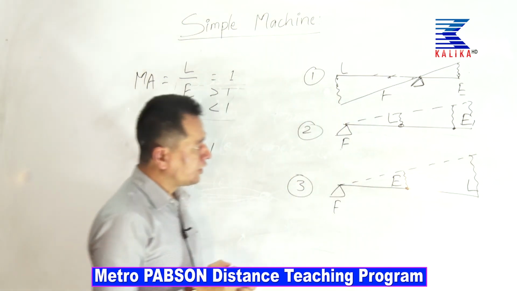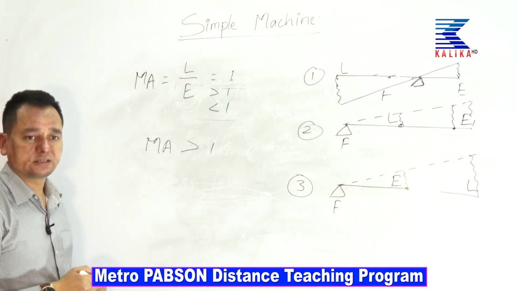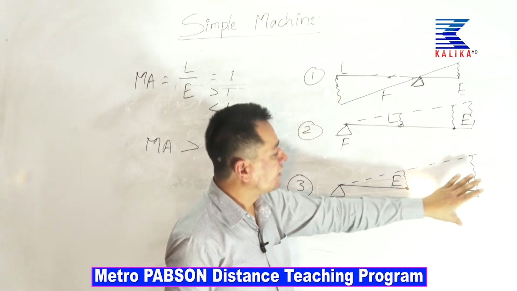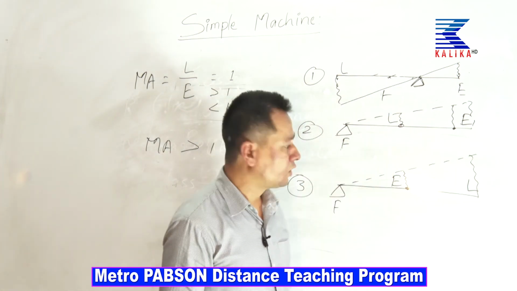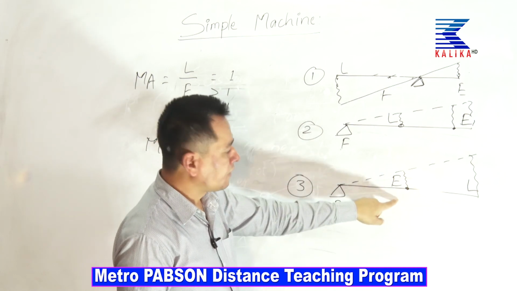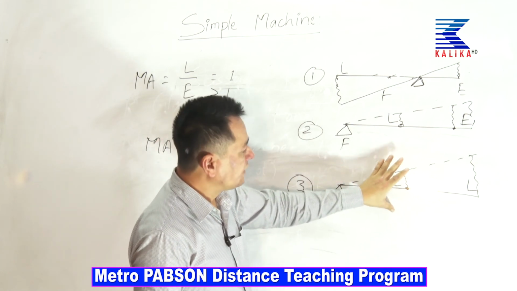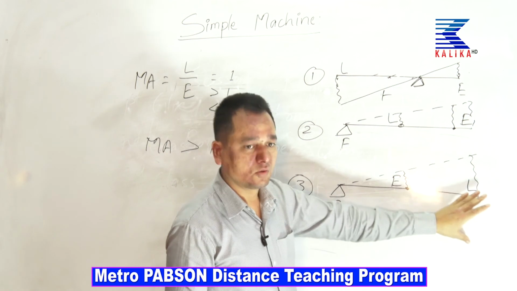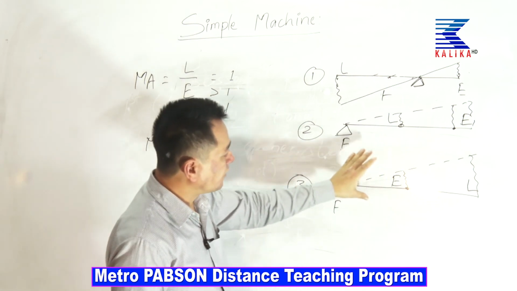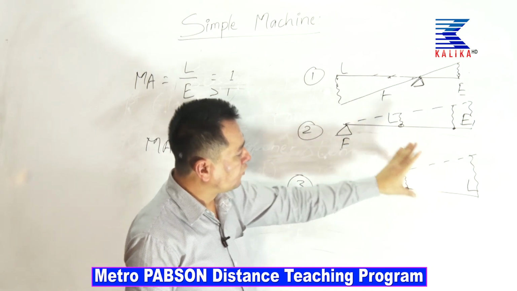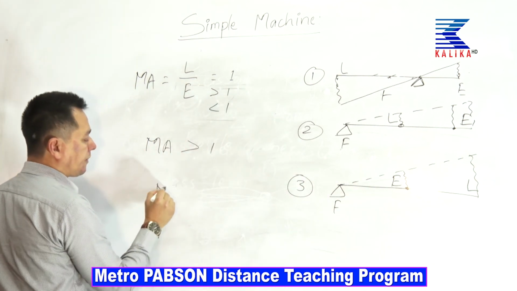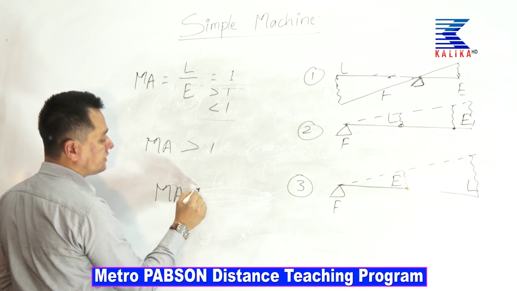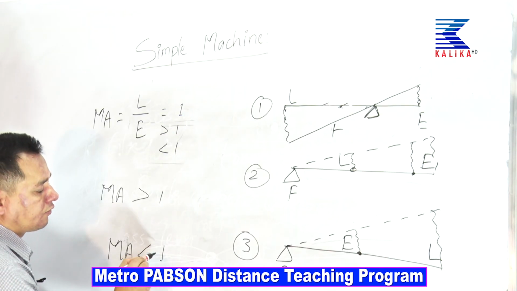So here, load distance is always greater than effort distance. So effort required is always more than the load overcome. So we need to apply effort always more than the load. So in case of third class lever, mechanical advantage is always less than 1.